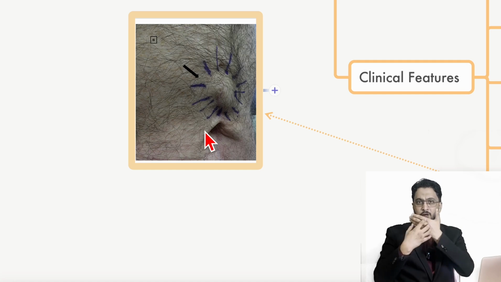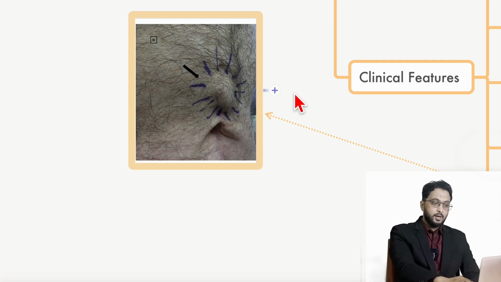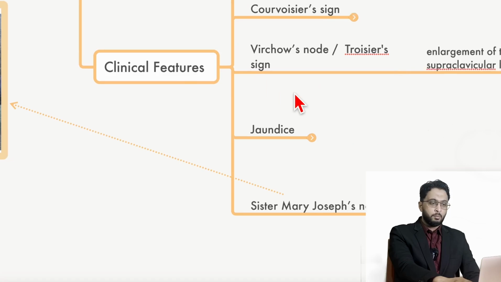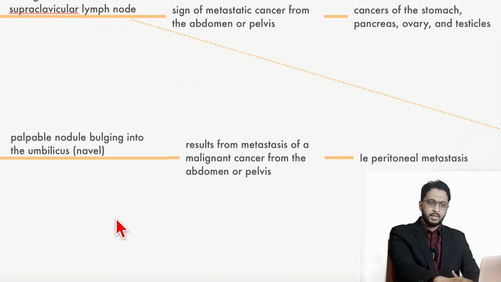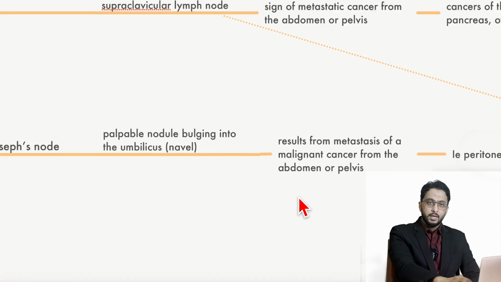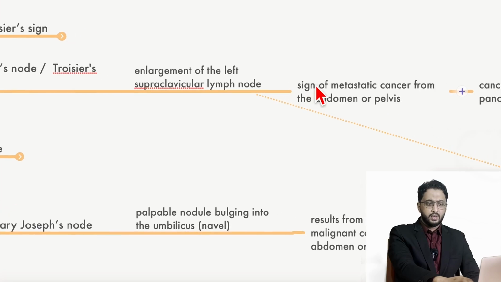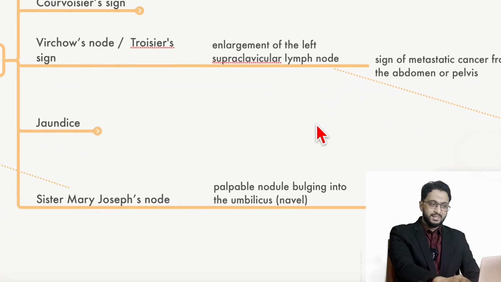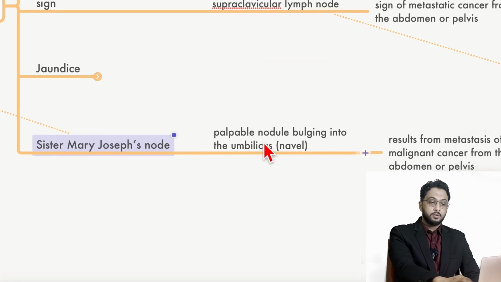So the peritoneum is affected here. They can ask you, Sister Mary Joseph node is indicative of what? Peritoneal metastasis. Both the Sister Mary Joseph node and Virchow's node are indicative of metastasis from abdominal or pelvic cancer, but the location differs: Virchow's node is supraclavicular, Sister Mary Joseph node is in the umbilicus.